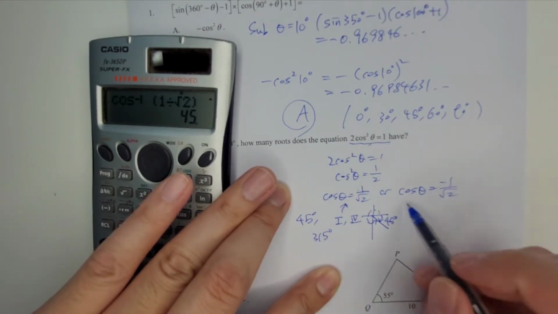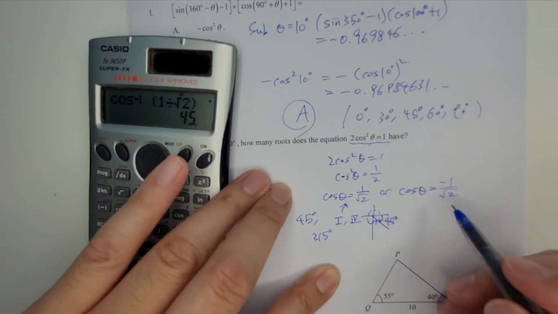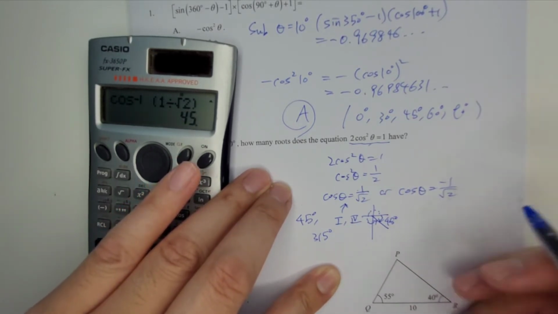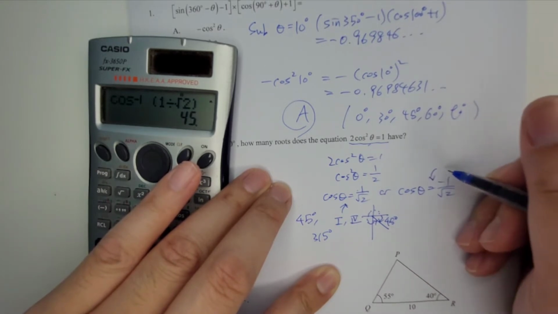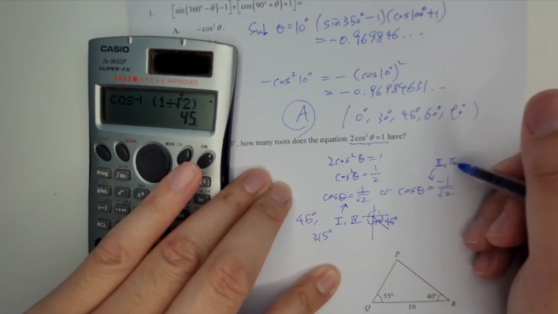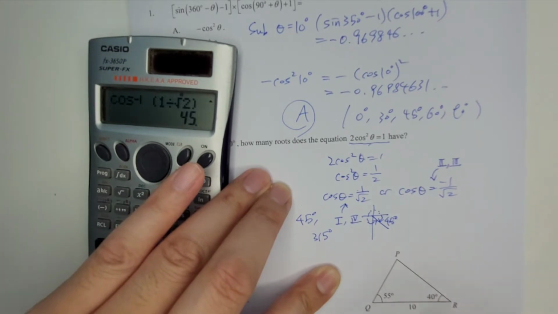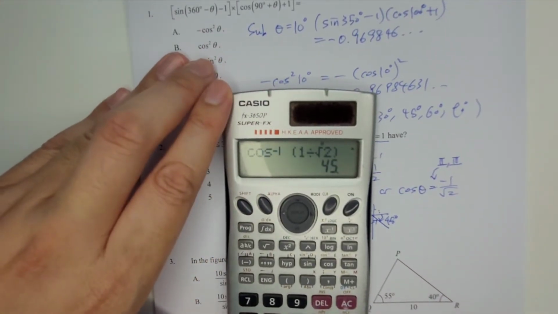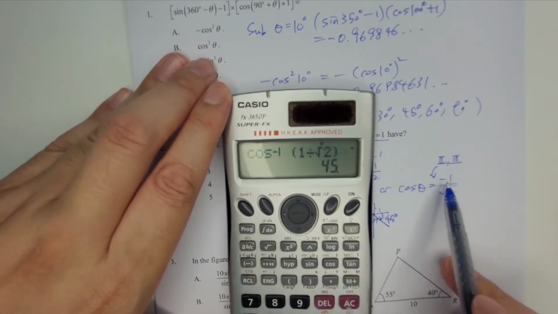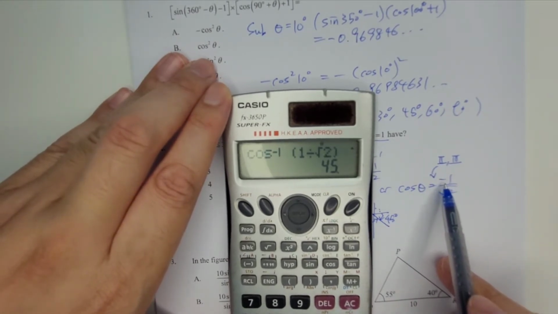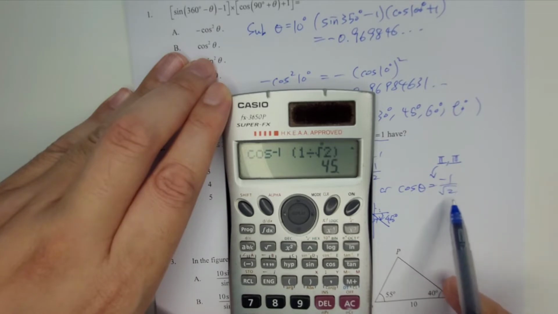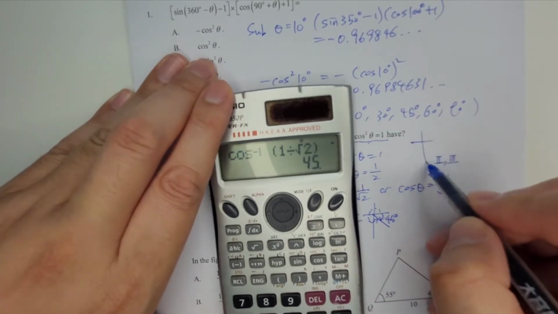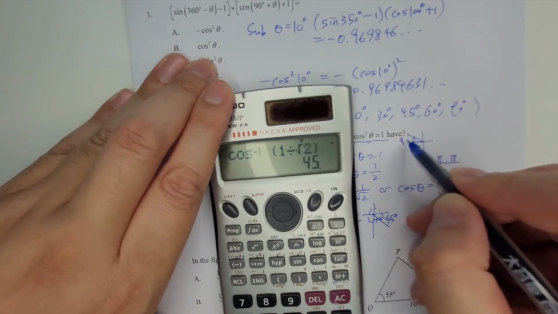And second, look at this equation. If you need to solve cosine theta equals negative 1/2, you know that theta lies on the second and the third quadrant. Next, you need to find the reference angle again. Similarly, you do not need to input the negative sign. Just obtain the acute angle value, that is 45 degrees again.